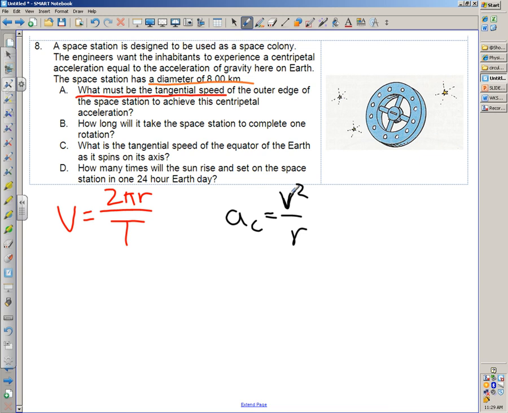So we can also do this. This one has tangential speed in it right here, right? So if we can solve this equation, the important thing being here, what is the acceleration? What do they, in the problem, want the acceleration to be? They want this to be 9.81.